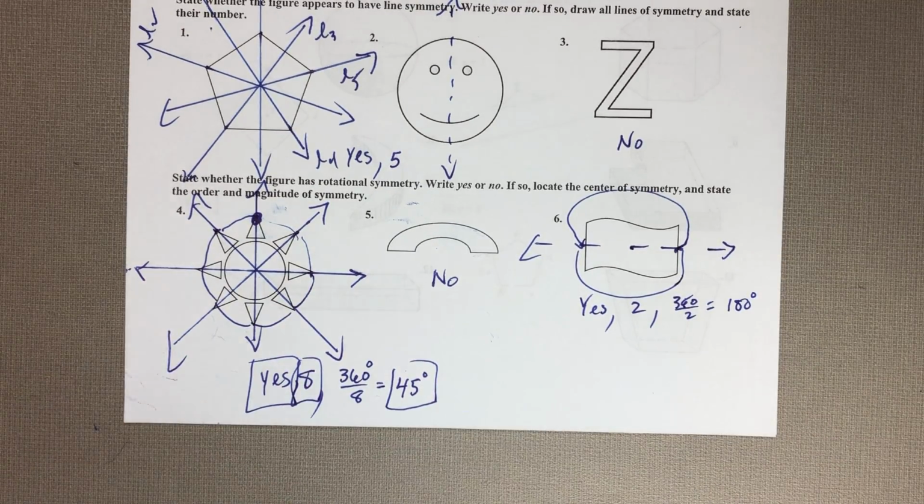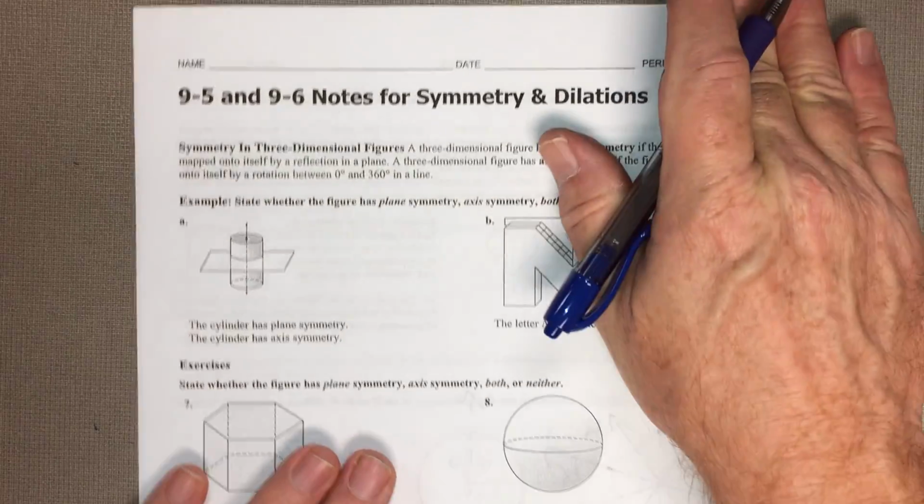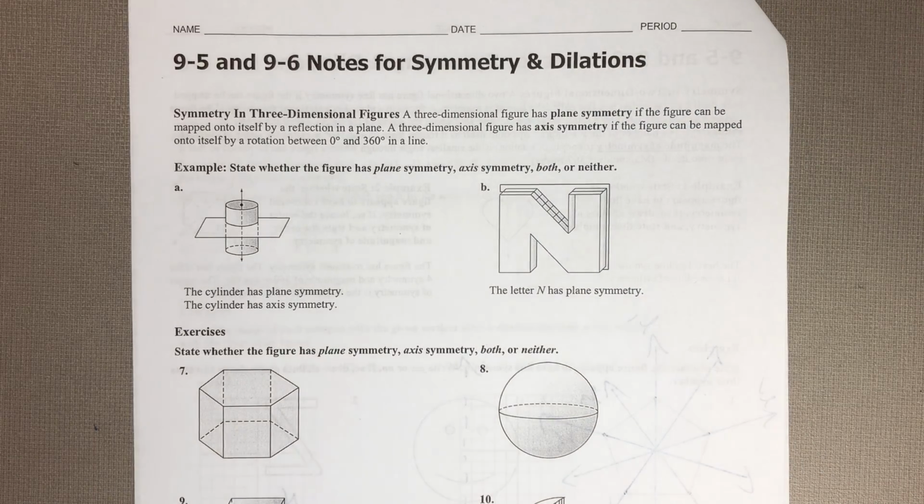Okay, let's turn the page. On the next page, we talk about symmetry in three-dimensional figures. A three-dimensional figure has plane symmetry if the figure can be mapped onto itself by a reflection in a plane.